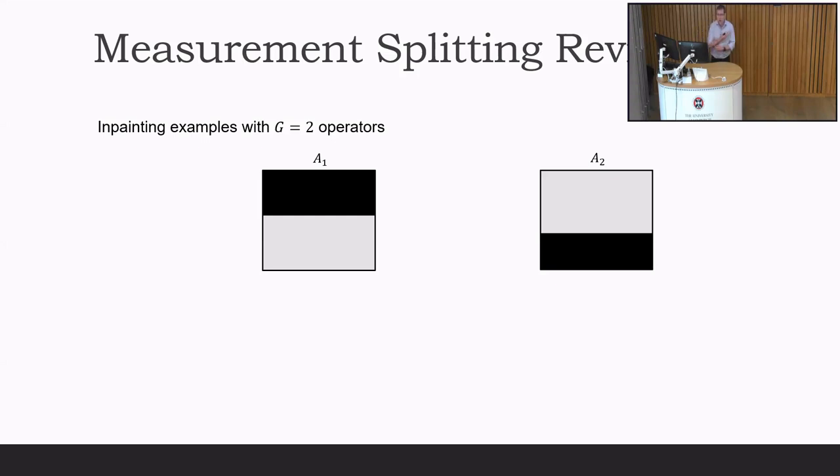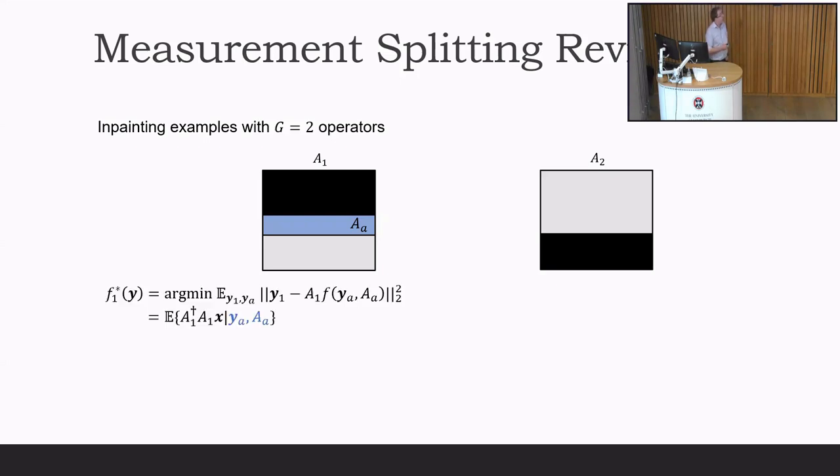And here, I'm going to talk about it intuitively in terms of inpainting. Let's suppose that my A1 operator observes the bottom half of the image and the A2 operator observes the top half, but there's some overlap here. So I'm going to have some common set, a capital A, little a, that is observed by both.